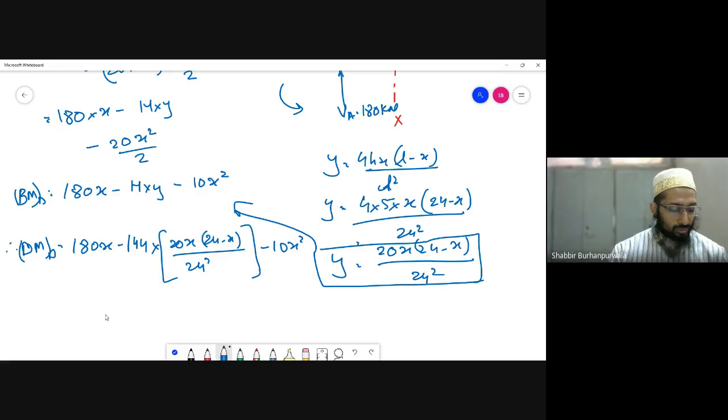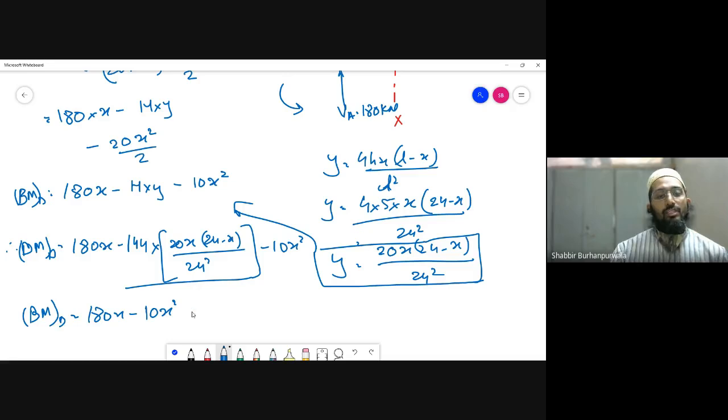Okay, so simplifying the equation, bending moment at D will be equal to 180x minus, now we are going to take this 10x square over here, and we'll simplify this bracket. For this bracket, 144 into 20 into 24 like that, that is going to be minus 120x plus 5x square.